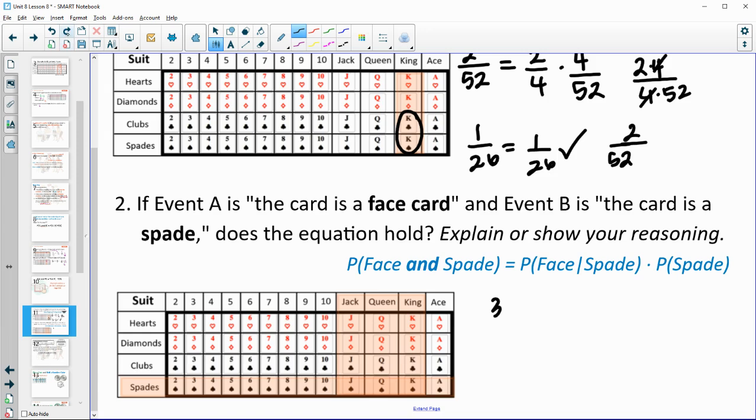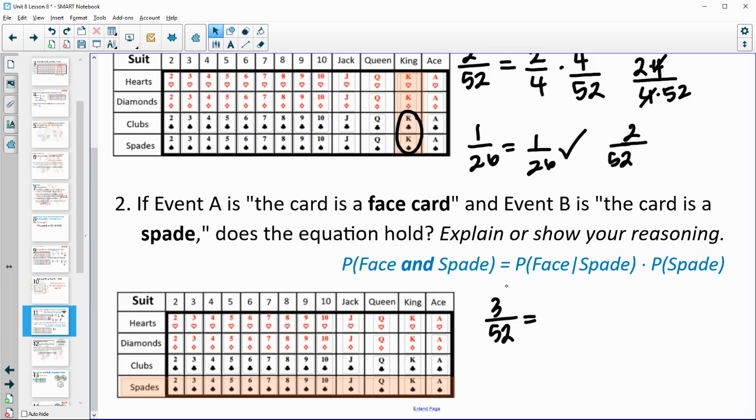Then we want to take a look at how many face cards there are when we already know that it is a spade. So here are the spades. There are 13 spades. How many of them are face cards? The jack, queen, and king, that's 3. And then times the probability that it's a spade overall.